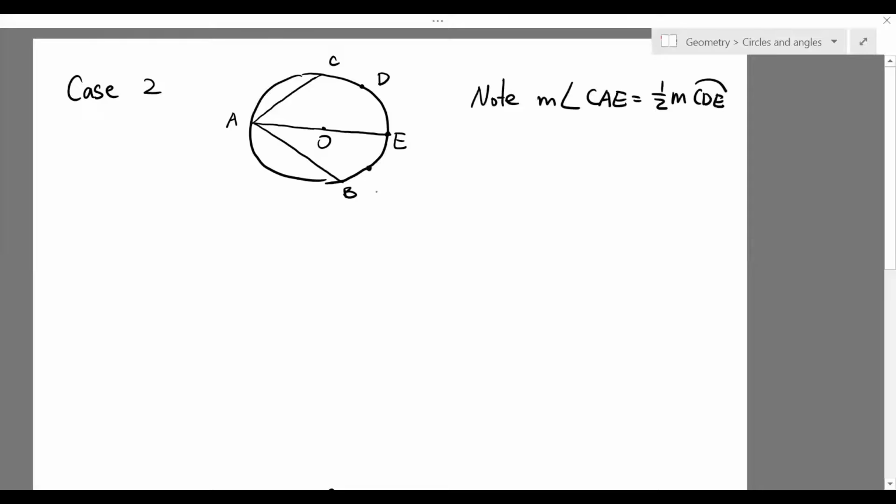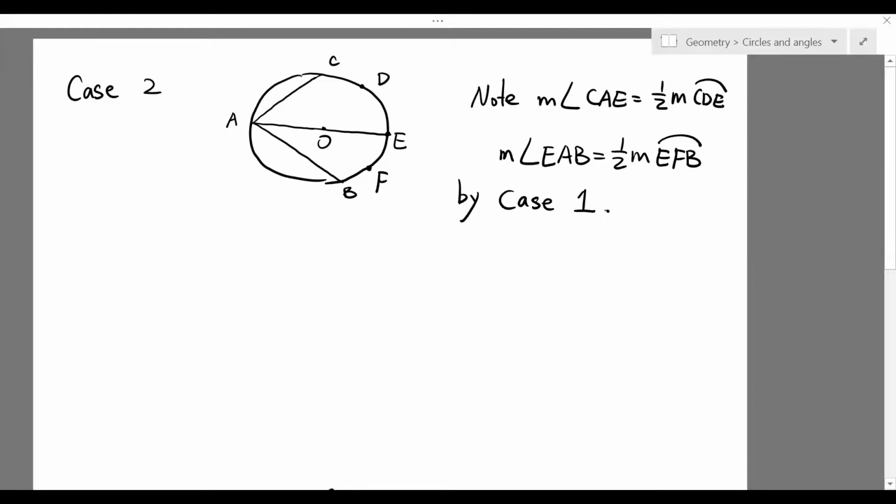And for convenience, we're going to introduce the point F and observe that the measure of the angle EAB is 1/2 the measure of the arc EFB, by case 1.